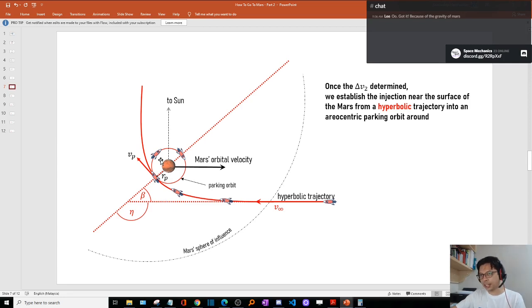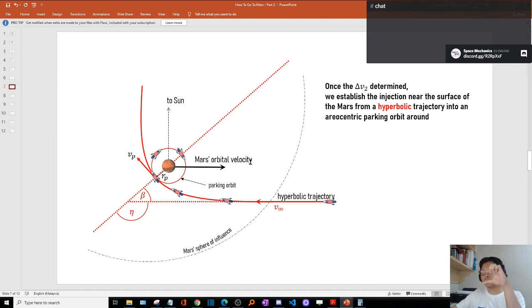I repeat that again. If we do a Hohmann transfer from Earth to Mars, at the end of the Hohmann transfer, the velocity is going to be a bit slower than the Mars orbital velocity.